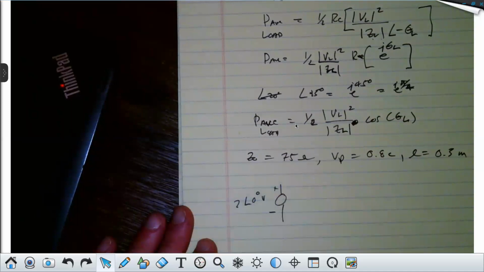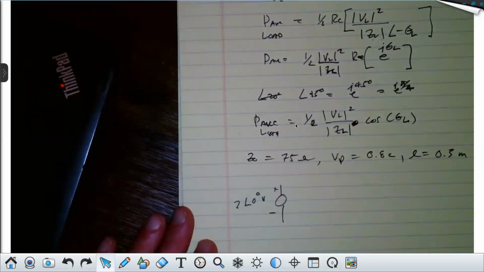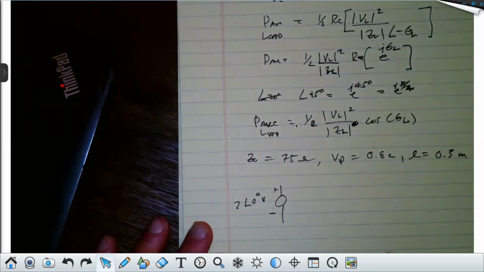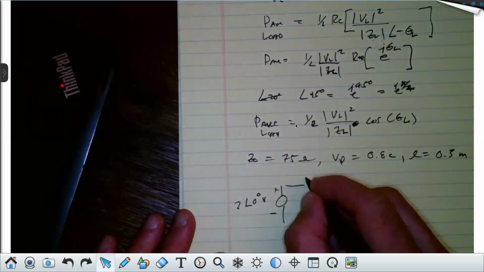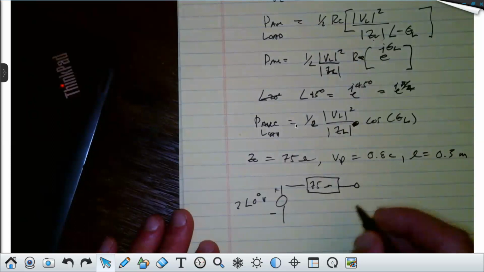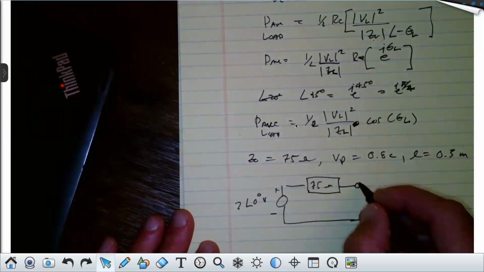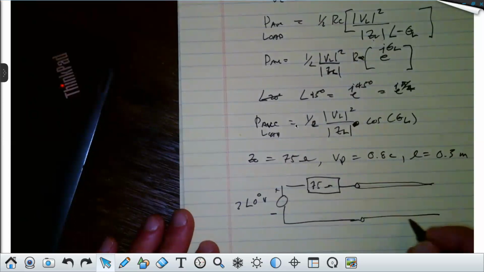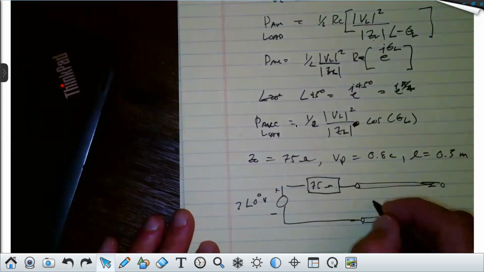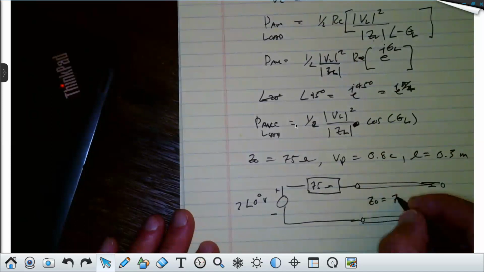He gave it to you as cosine of omega t, but we work in the phasor domain. And then he has ZS is 75 ohms, so he has a 75 ohm resistor here. And here's his transmission line, and this has a Z naught equal to 75 ohms.